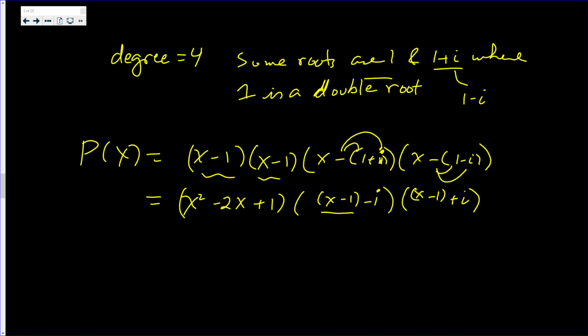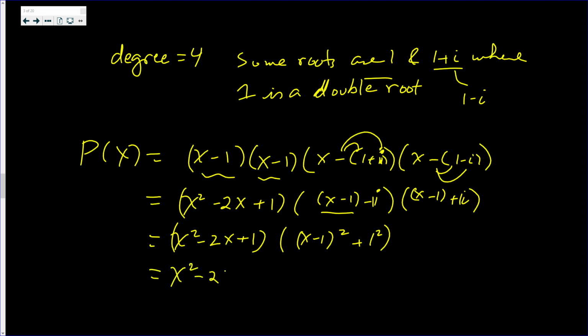You have a real part minus 1i, the same real part plus 1i. That's going to multiply out nicely. You're going to get x minus 1 squared plus the 1 from the i squared. So you have x squared minus 2x plus 1 plus another 1, which is plus 2.